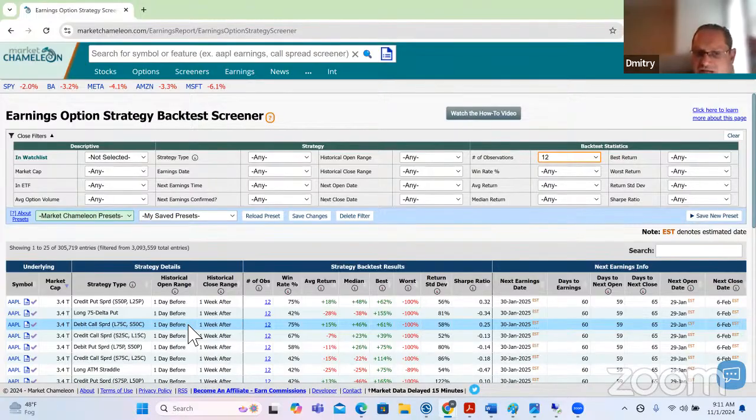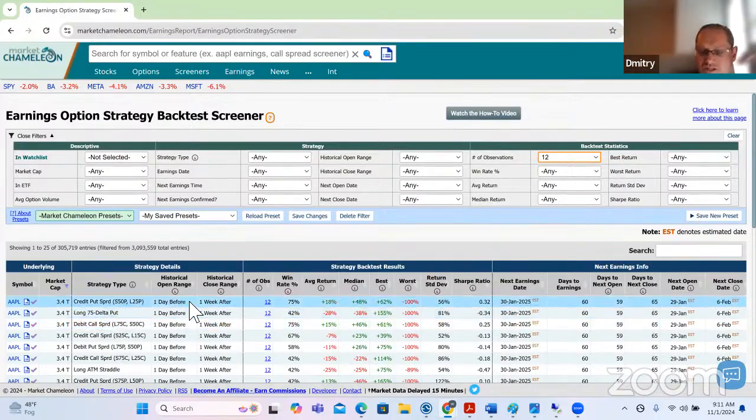So that's what these next two columns are. They're saying historically, this is what we're tracking. So in this particular row, we're tracking it from the day before it announces earnings all the way to 1 week after the earnings announcement. So that's what this particular one is tracking, that date range.